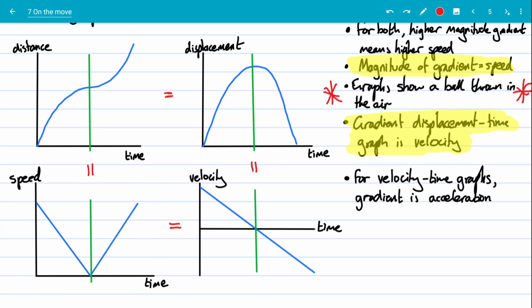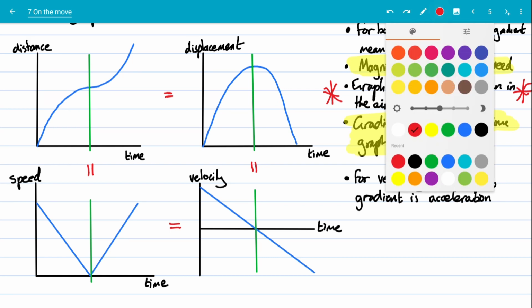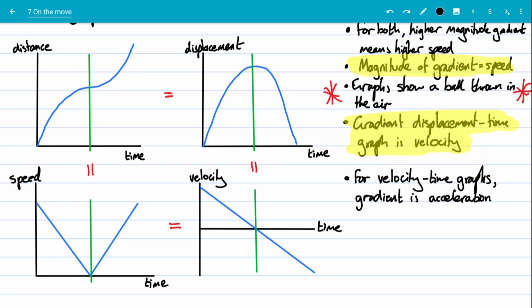So all we can say is that for the speed time graph, when you say velocity time, speed time, the first thing is on the y-axis, the second thing is on the x-axis. This is a pretty standard way of notating or describing graphs.